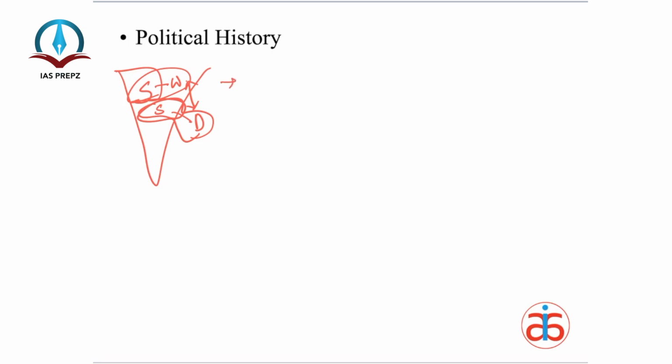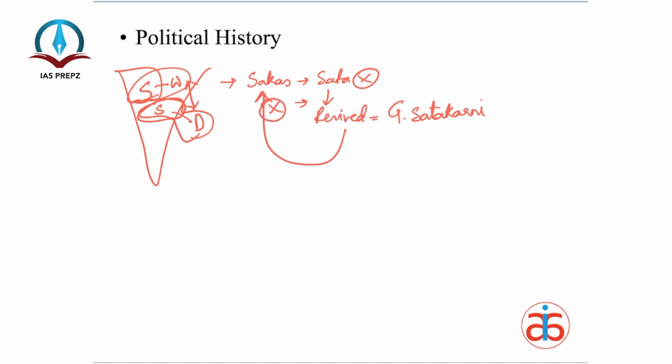In the initial stages, the Shakas were able to defeat the Satavahanas and occupy a lot of their territories. However, the Satavahanas revived themselves under the great Satavahana ruler Gautamiputra Satakarni, who revived their prestige by defeating the Shakas.